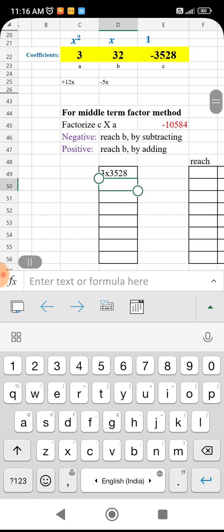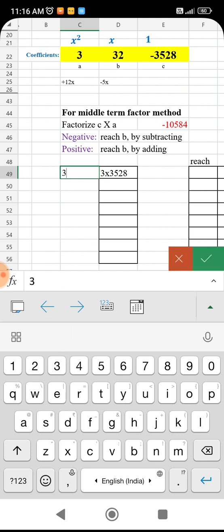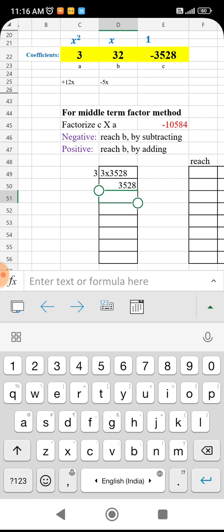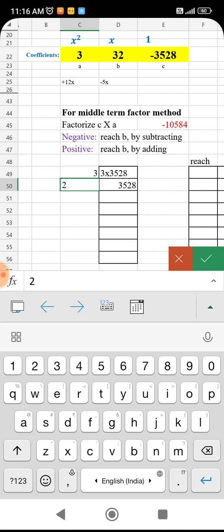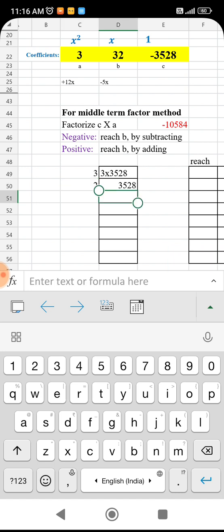Now first take the factor 3. If we take 3, 3528 will remain. From 3528 we can take 2. If we take 2, the value will be 1764.